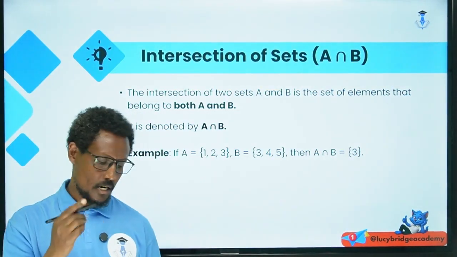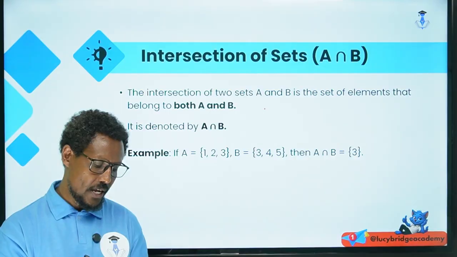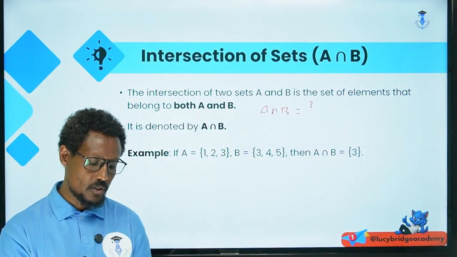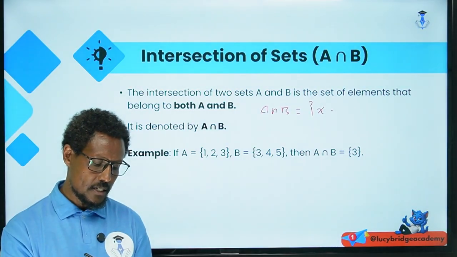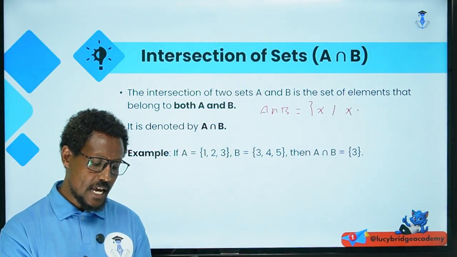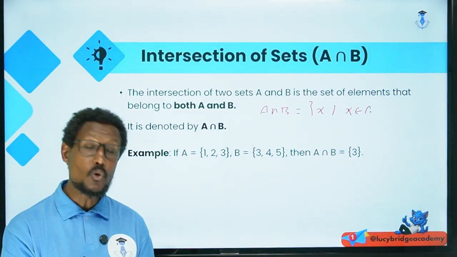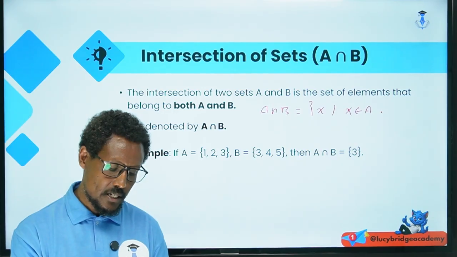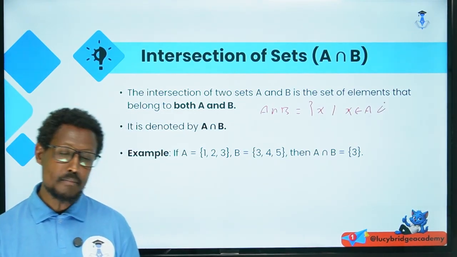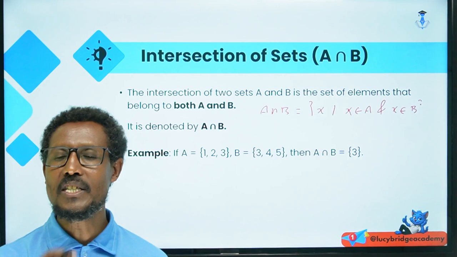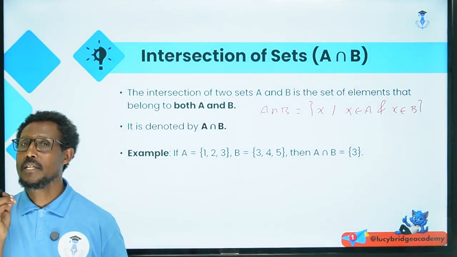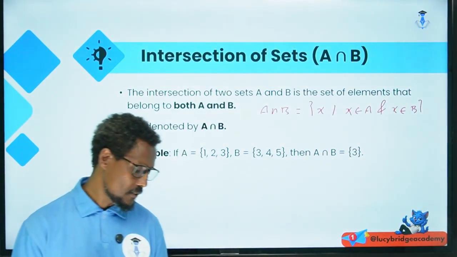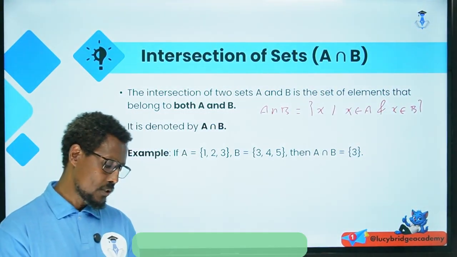All right, look, A intersection B using the set builder method: A intersection B is equal to the set of X such that X is in A and, not or, X is in B. X must be in both sets. In this case, this element is an element of the intersection of the two sets. It is denoted by A intersection B.